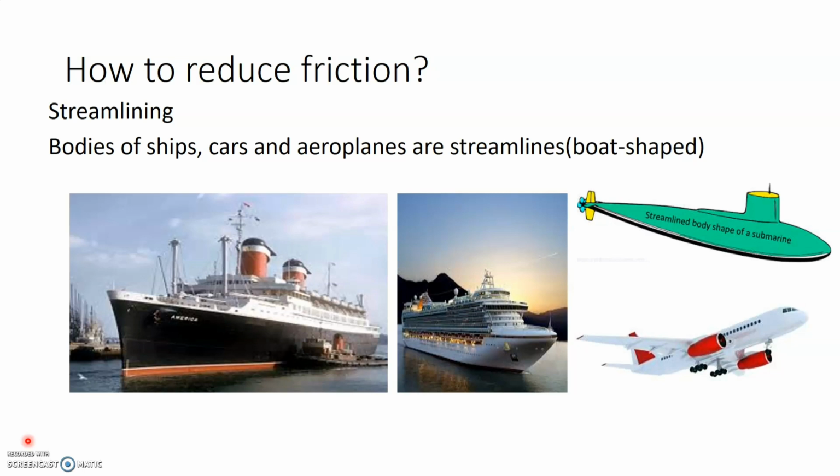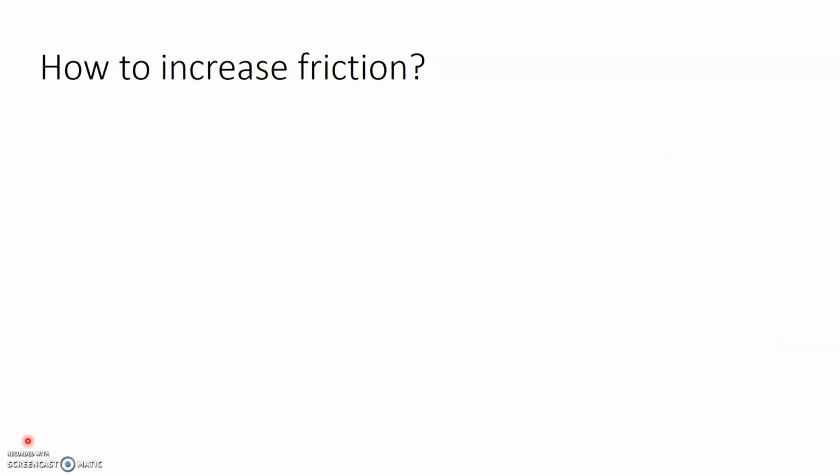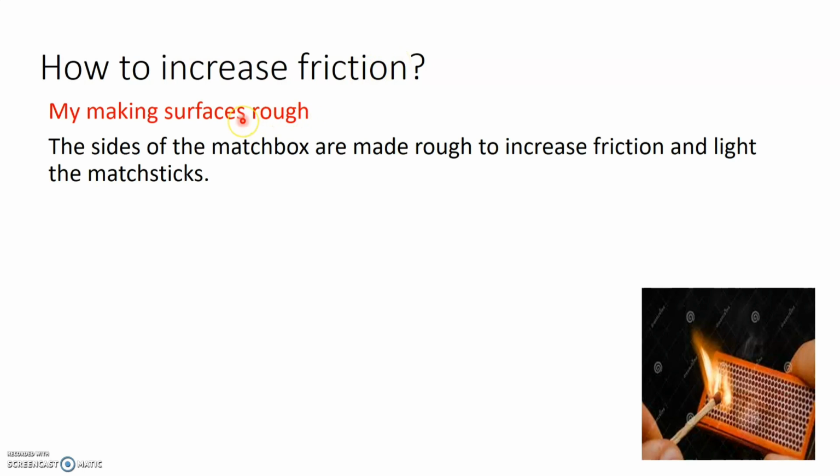Now let's have a look at ways in which we can increase friction. We have already learned that smooth surfaces have less friction, while rough surfaces have more friction. So in order to increase the friction of a surface, we can make the surface rough. For example, as you see here in the picture, the sides of a matchbox are made rough in order to increase friction.